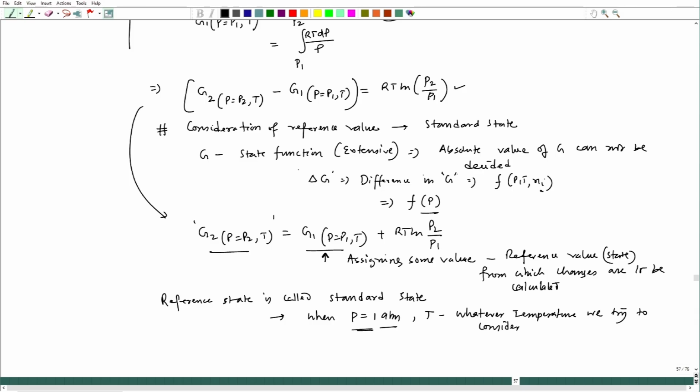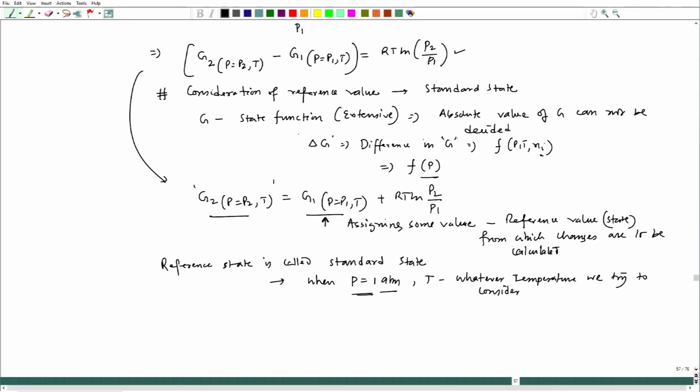So, why does this pressure being 1 atmosphere become very convenient? If you see these two quantities, I can write them in this fashion, RT ln P2 minus RT ln P1. Hence I can see that G1 at P equal to P1 equal to 1 atmosphere at T is having a relation with RT ln P1.